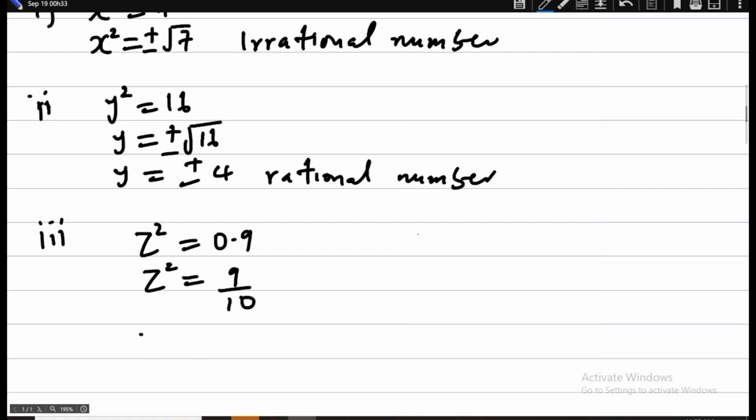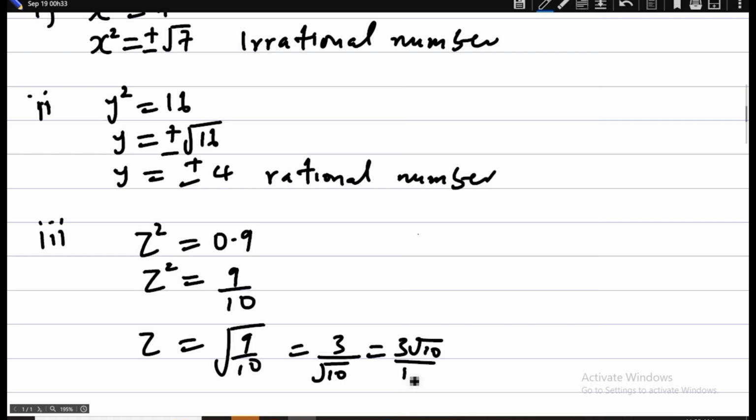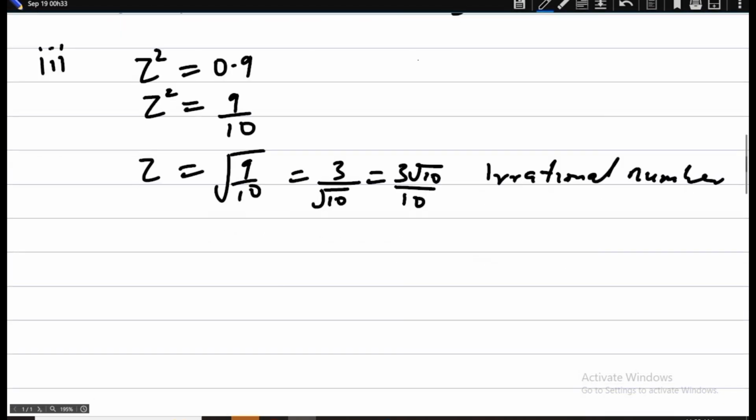Now z will be equal to the square root of 9 over 10, which will give us just 3 over root 10, which is the same as 3 root 10 over 10. Okay, so this is an irrational number.